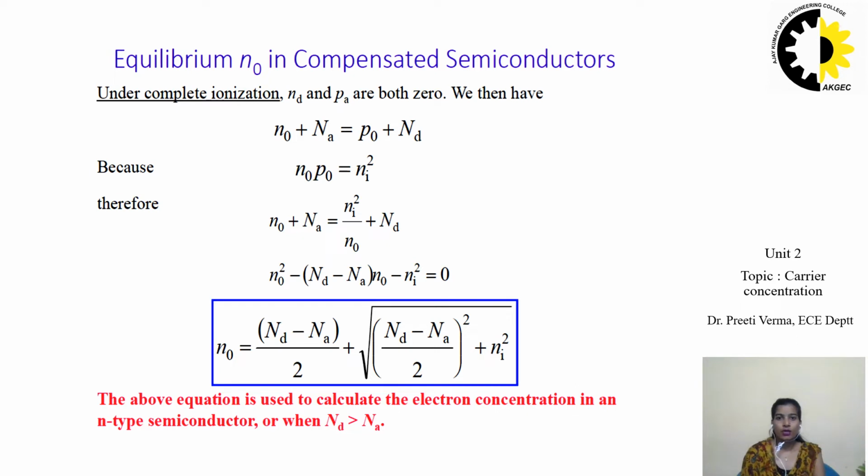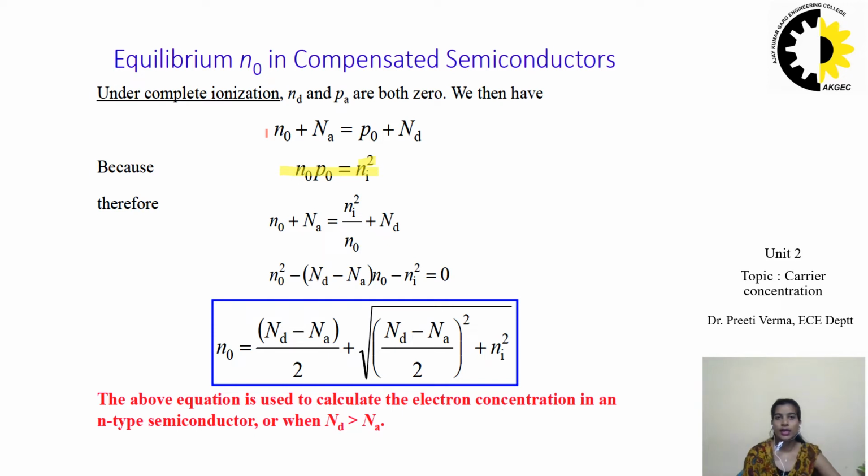So we can write n naught plus Na is equal to p naught plus Nd, because n naught times p naught is equal to ni square, which we have seen for an intrinsic semiconductor.